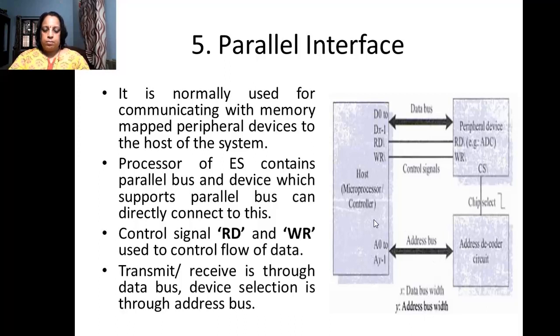If the master wants to connect with any peripheral, the address is sent across through the address bus, and then the address is decoded because it's memory mapped. The address is decoded, the peripheral is selected accordingly, and through the data bus the data transmission occurs. This is very simple. I hope you remember that any hardware interface that we have studied in microprocessors follows the same parallel interface procedure.